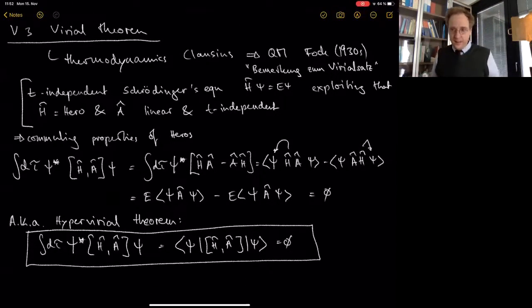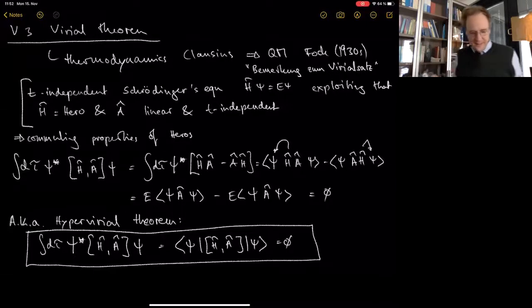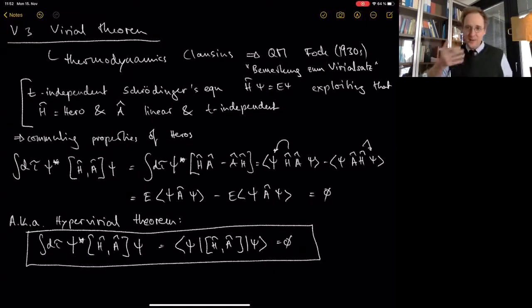Now, typically, this is a generic general theorem, but when we talk about the virial theorem, we are referring to a particular application of the hypervirial theorem.